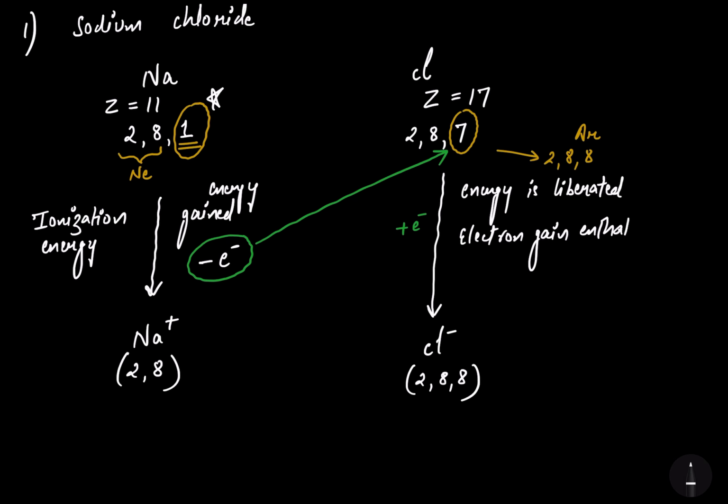We have done about the electron gain enthalpy in the lecture videos of periodicity. So now in case of sodium the energy is gained, and in case of chlorine the energy is liberated.